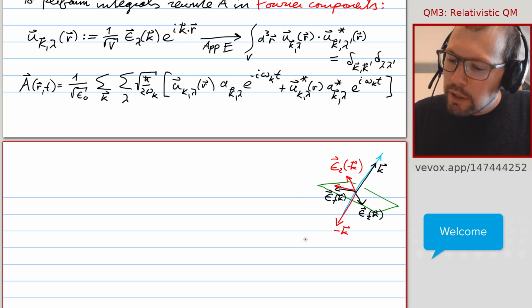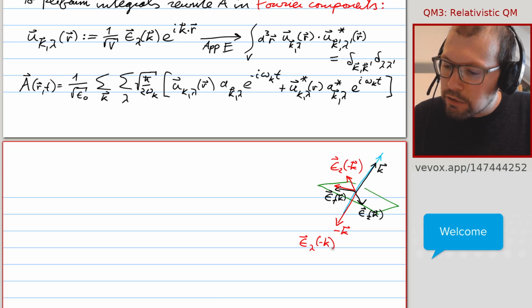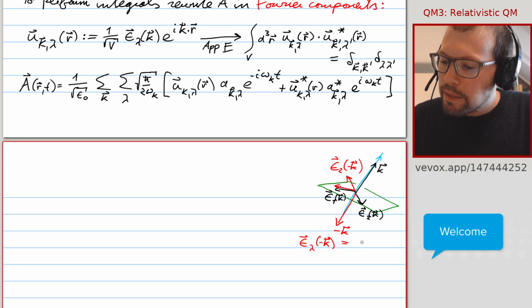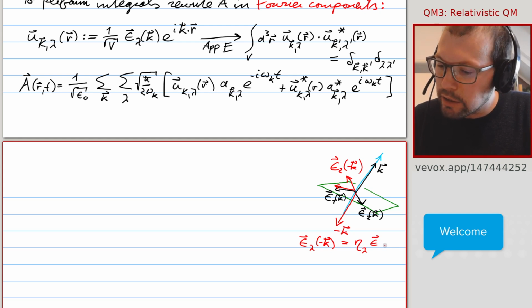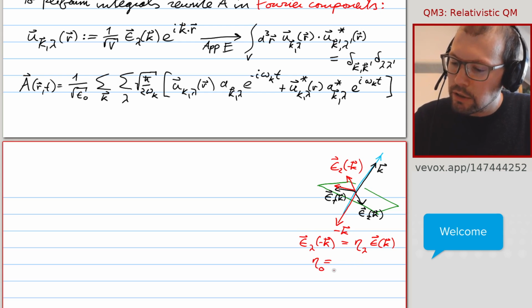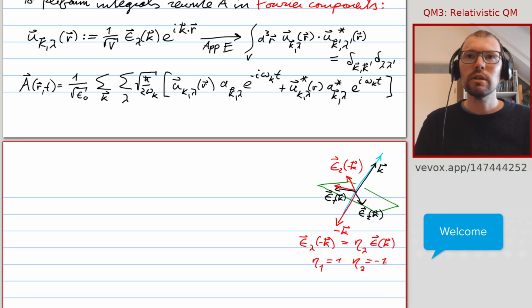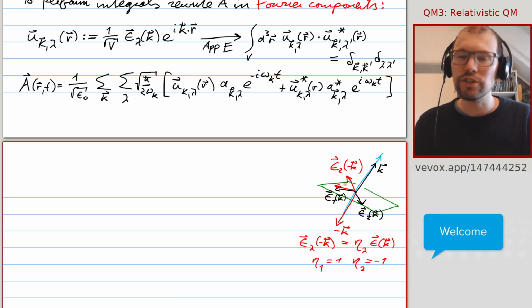So put differently, we can take these polarization vectors to satisfy the following: if I take minus the wave number, they're related to the original ones by, if you like, a phase, eta, where eta of 1 is 1, and eta of 2 is -1. That's just a simple abbreviation of switching from this one basis to the other basis.